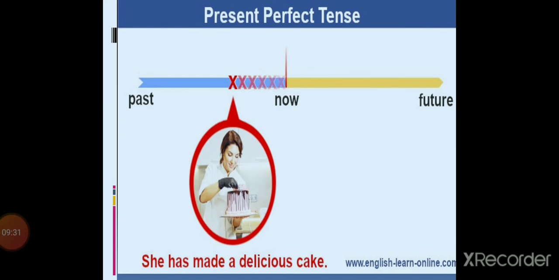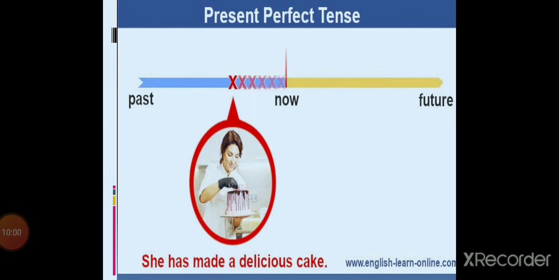Whatever actions we have started in the past, those actions have been finished, but the impact or the effect of that action is still there in our present. Is it clear? The effect or the impact of that action is still in our present. These types of actions we could consider under the present perfect tense.